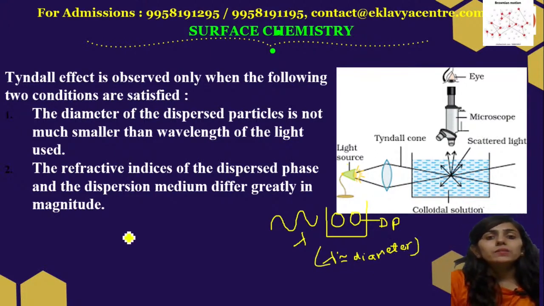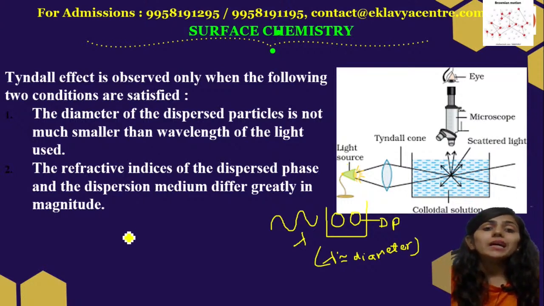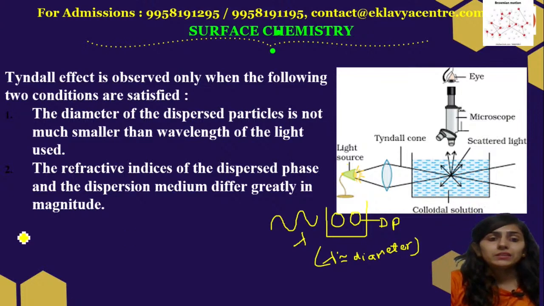Second, the refractive indices of the dispersed phase and dispersion medium should differ greatly in magnitude. Why? If two substances have the same refractive index, what will happen? The light passes in a straight line.